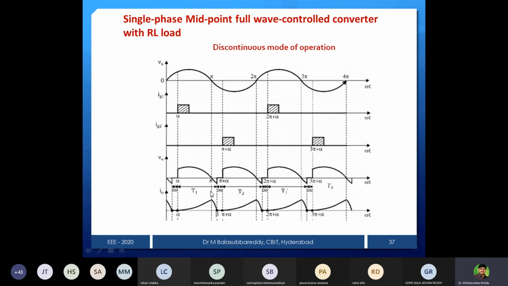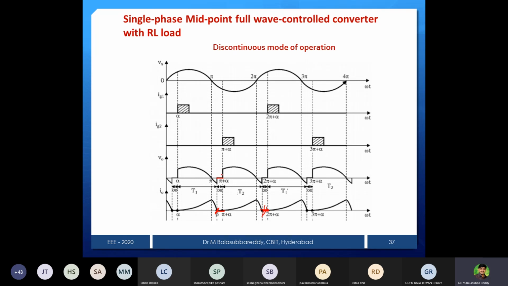And discontinuous, I already mentioned. Instead of continuing to conduct up to pi plus alpha as in the previous waveform, I mentioned it like this. Just a minute. It will continue to conduct like this, and for discontinuous mode, before that it will turn off. Now in the current waveform you can see that up to beta it will continue to conduct, and from beta to pi plus alpha the current remains 0 because no device will be on, and again T2 will conduct up to beta only, and again this point will be 0 and so on.